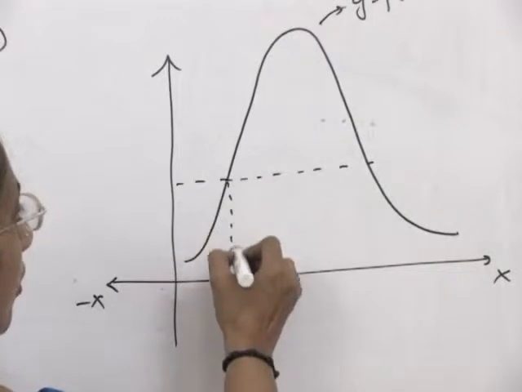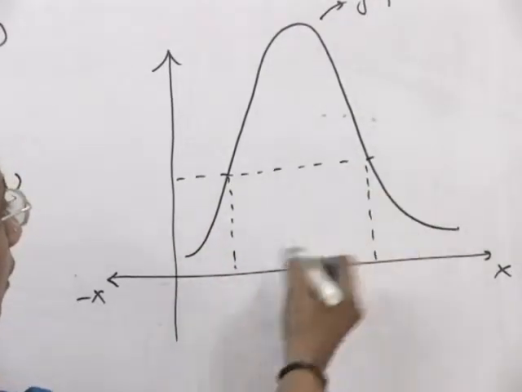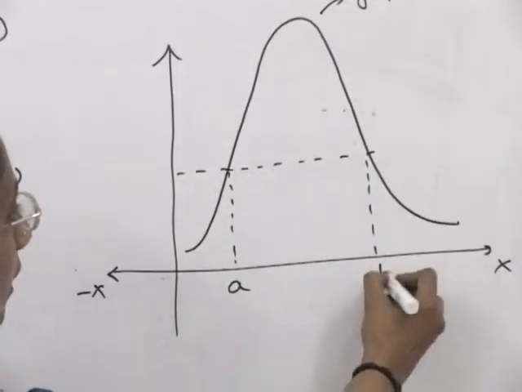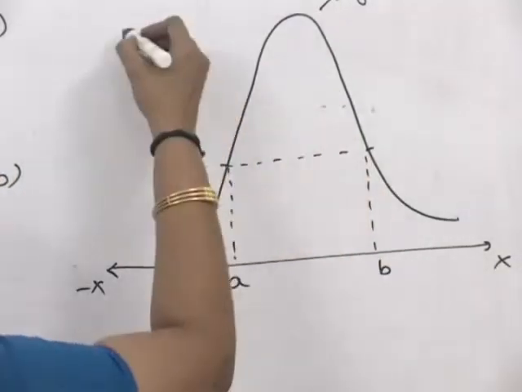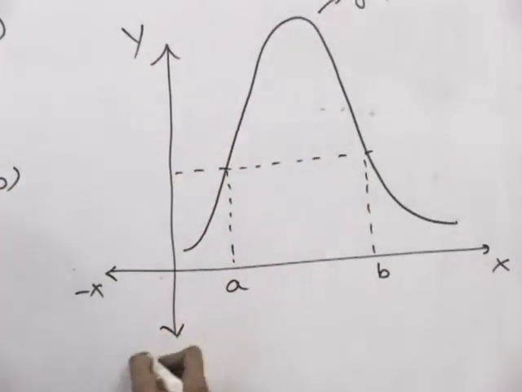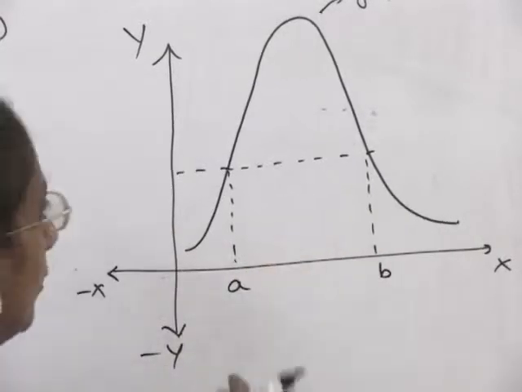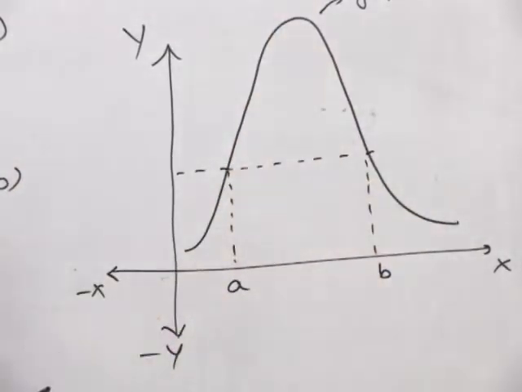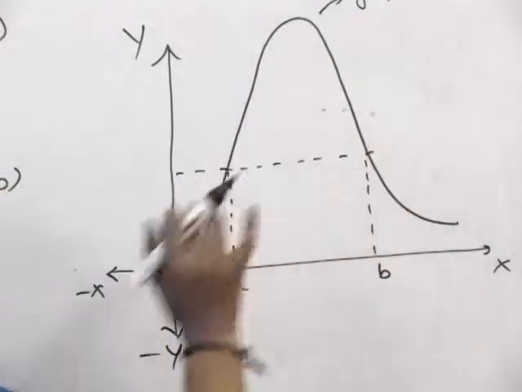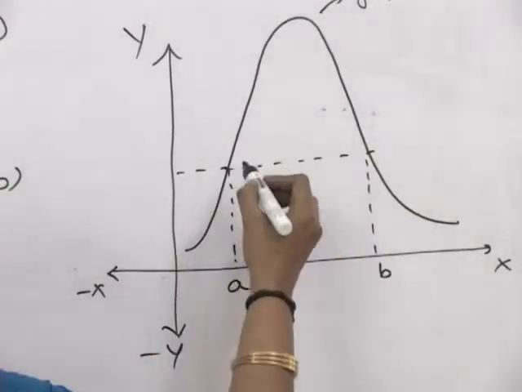So at these 2 points, say suppose this is a and b, and as we see from the graph, the function is continuous in AB. So there is a smooth curve and it is continuous in the closed interval a comma b, and it is also differentiable.